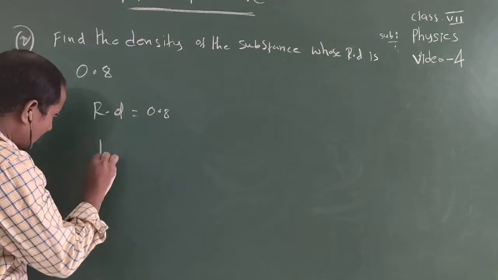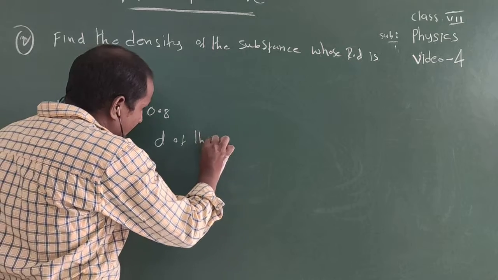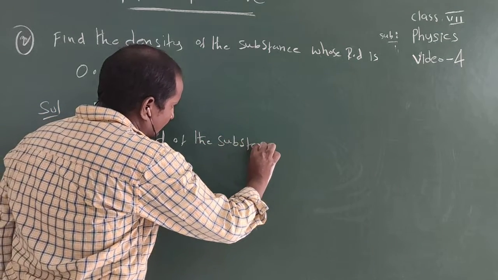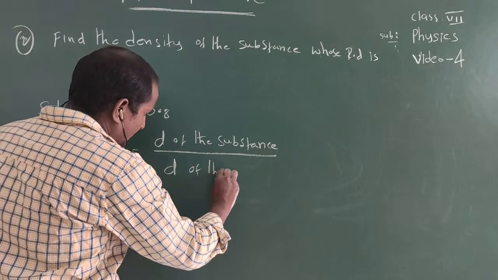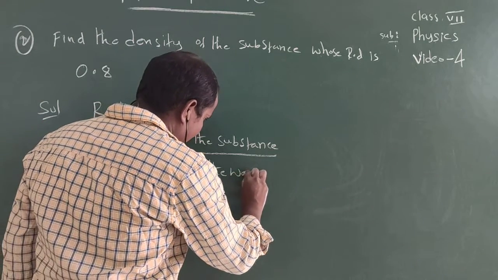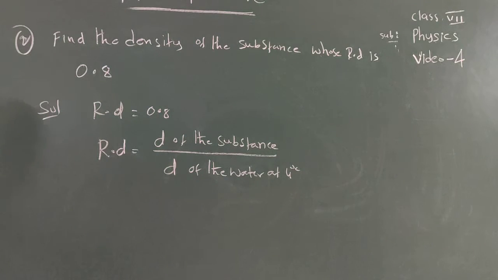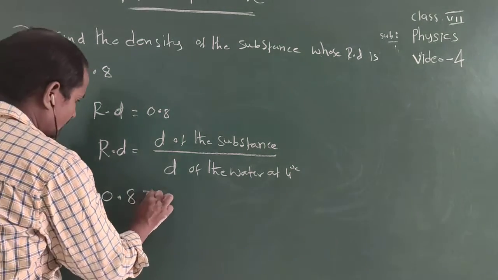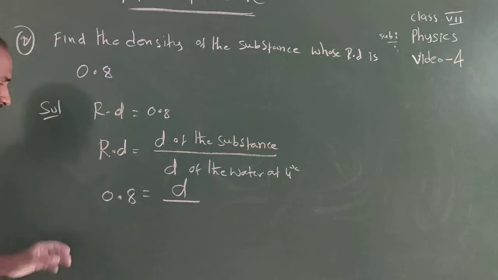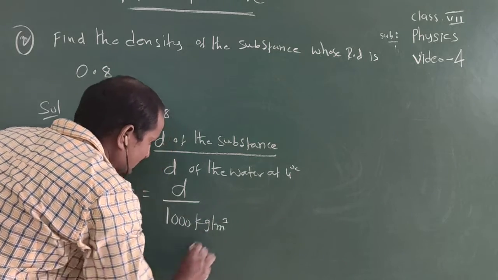So RD means relative density. Relative density equal to density of the substance by density of the water at 4 degrees Celsius. So here RD equal to 0.8. Density of the water in SI system equal to 1000 kg per meter cube.